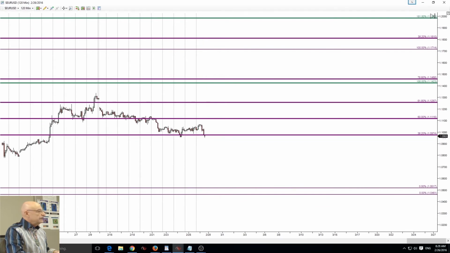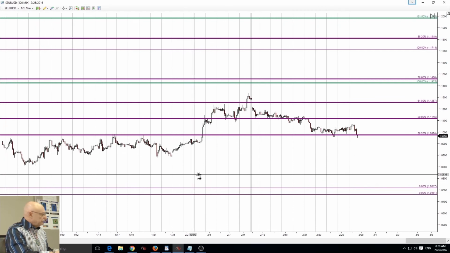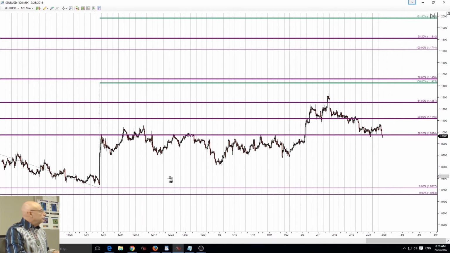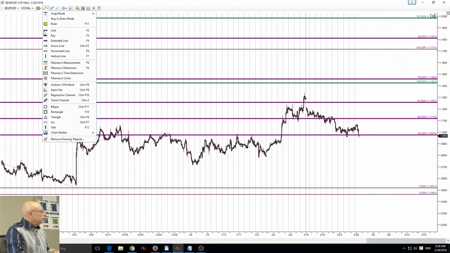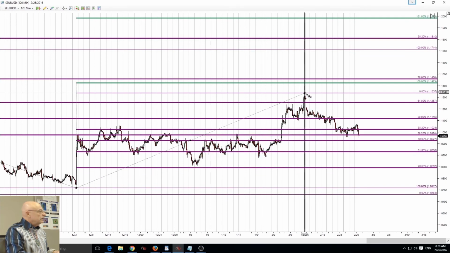Now 109.66, right? So let's see where we heading to. Retracement, that low to that high. Let's change colors.